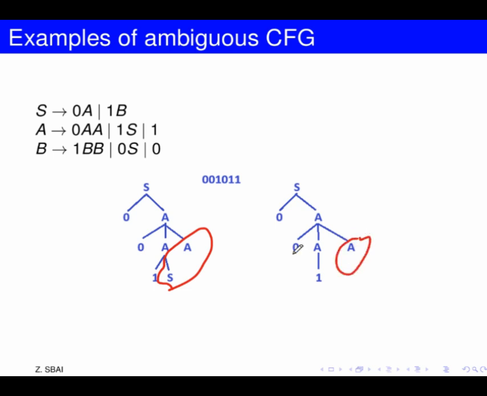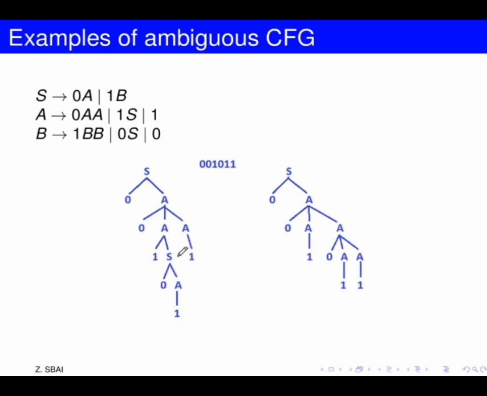Let's see if in the two cases we may generate the rest of the string, which is the substring 011. It's possible here to apply the rule S is substituted by 0A, and this A will be substituted by 1, and this A will be changed by 1, and we will find that this string is generated.